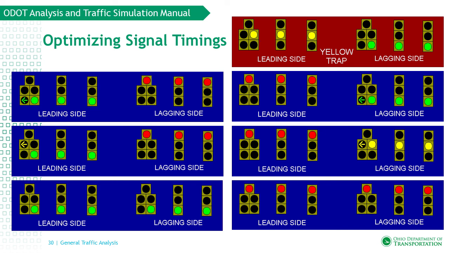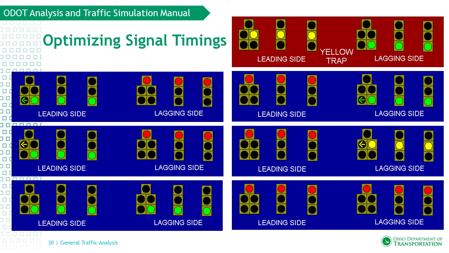Based on the Manual on Uniform Traffic Control Devices, the yellow trap is a potentially adverse safety situation inherent in some signal phasing sequences involving lagging left turns in one direction. A left turning driver in the intersection waiting for gaps in oncoming traffic in order to turn left on a permissive green signal indication sees the signals change from green to yellow and mistakenly assumes that oncoming through traffic also has yellow signals at the same time and will be soon coming to a stop.